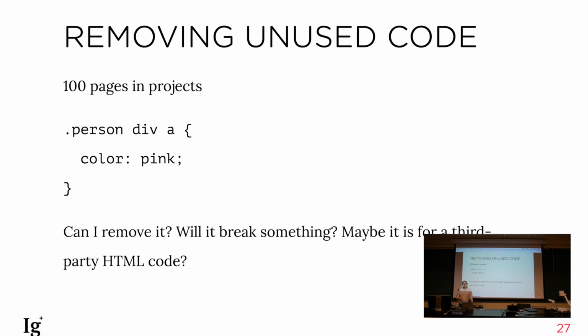There are too many pages, it's not possible to check manually. Some testing solutions help, but never 100%. So removing unused code is really a problem. Sometimes you see piles of code and you never know if it is ever used on the website or not.